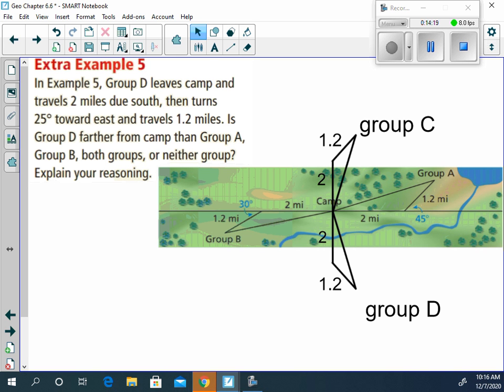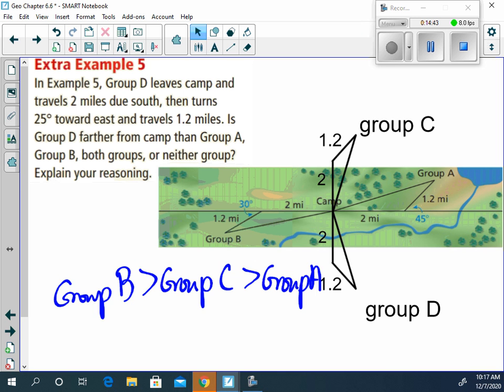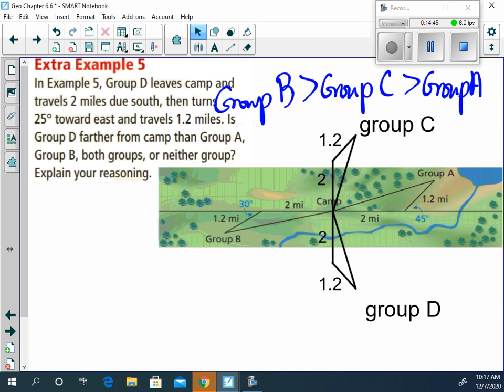All right, we're going to do this one more time. We added group D into the mix because we're going to go all 4 directions, north, south, east, and west. Now, so far, we've said group B was greater than group C, which was greater than group A. I'll move this up here.